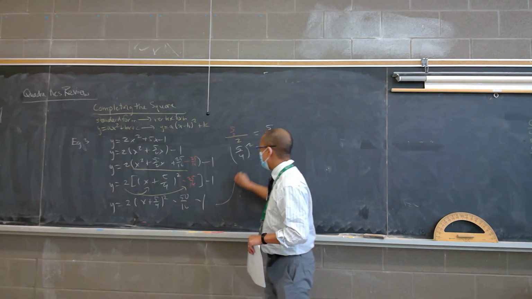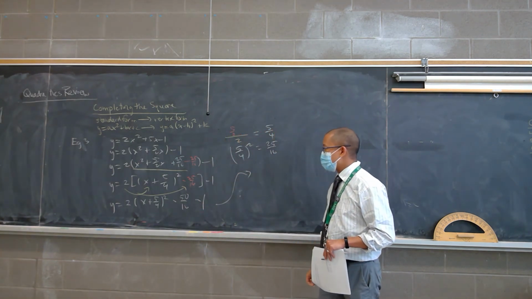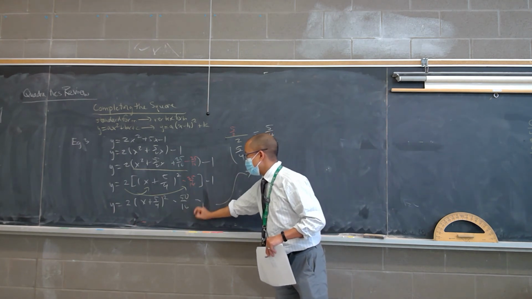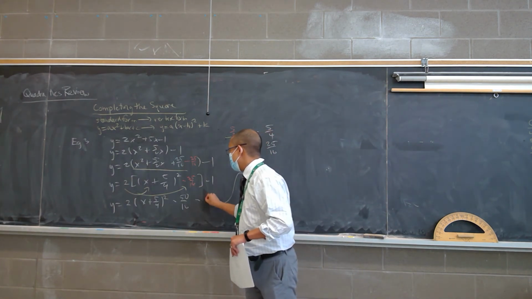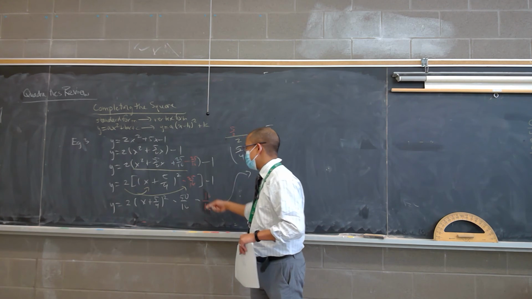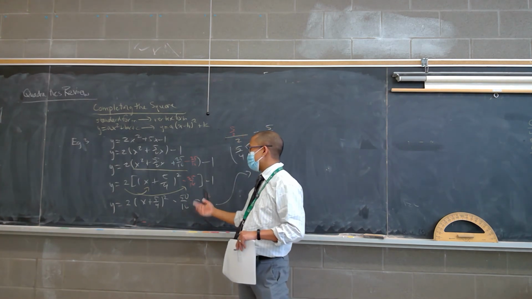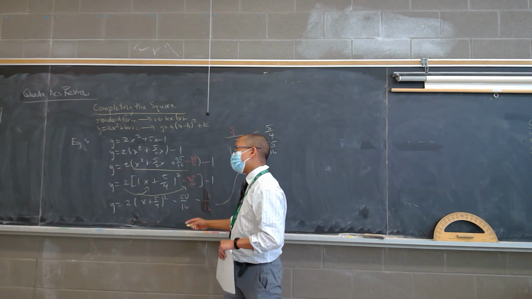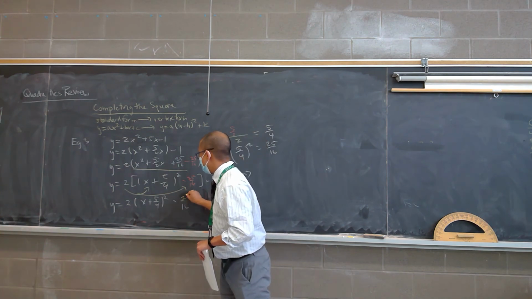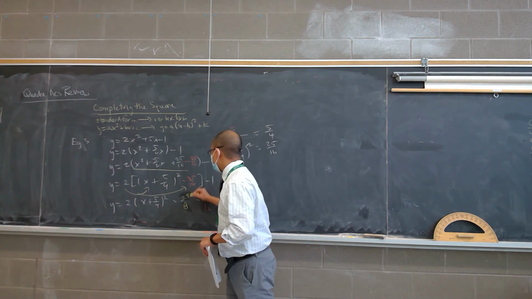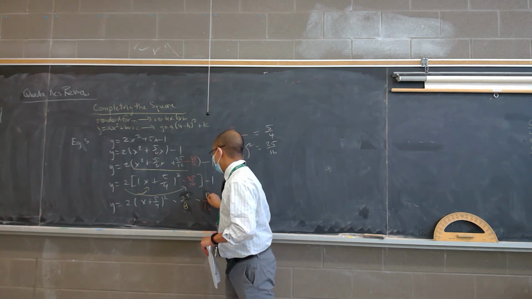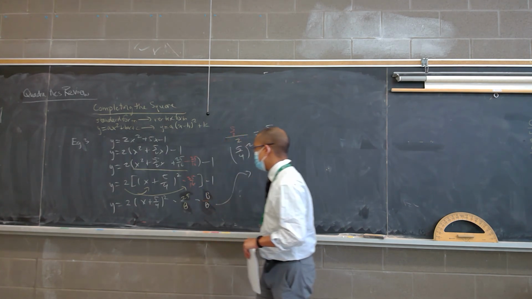And this is why you need to know how to add and subtract fractions. Negative 1 is the same thing as negative 16 over 16, right? So 50 minus, now we technically should have reduced this, right? Maybe we should have reduced this. So 50 over 16 is 25 over 8, I think. So let's make our lives a bit easier. 8 over 8.